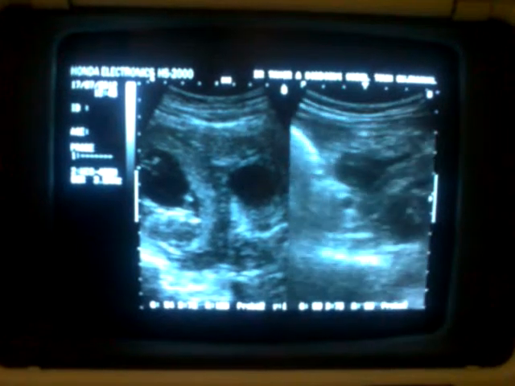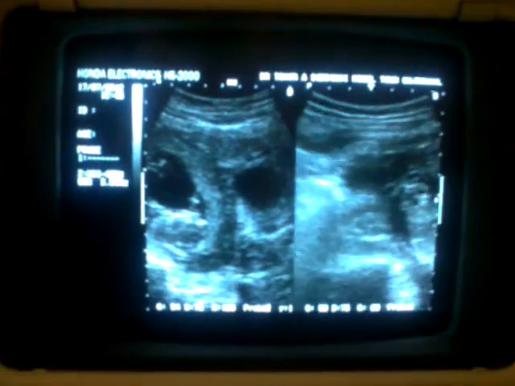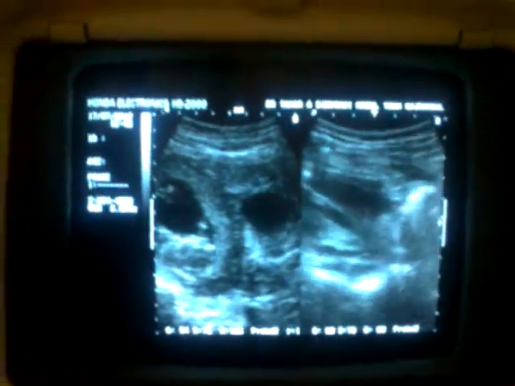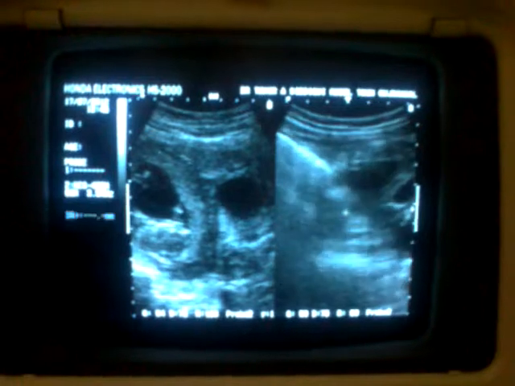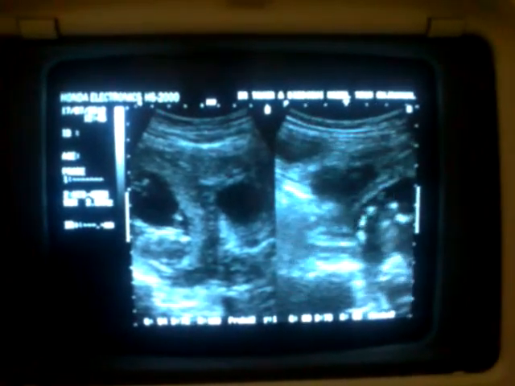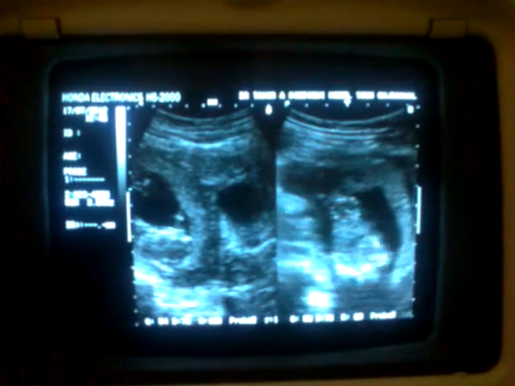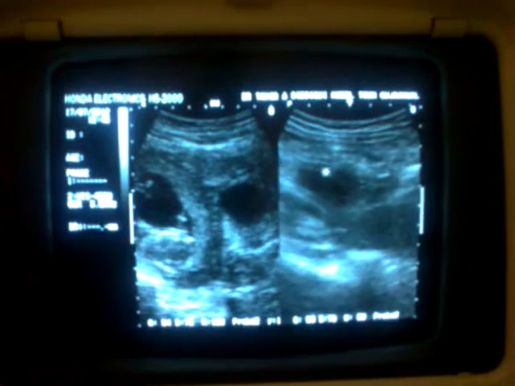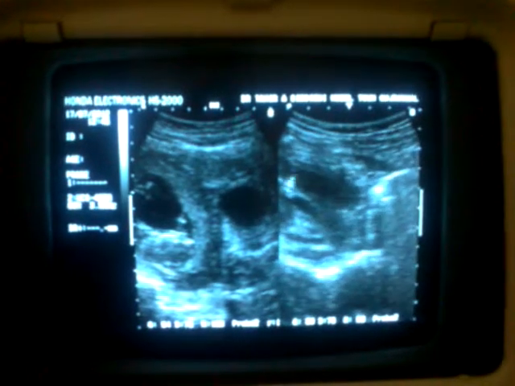Well, this sac, I am giving a full sweep with the probe, and it does not change its shape. This is the sac. Alongside this one with the live active 13 weeks fetus, there is another one. This is the third one. This area.